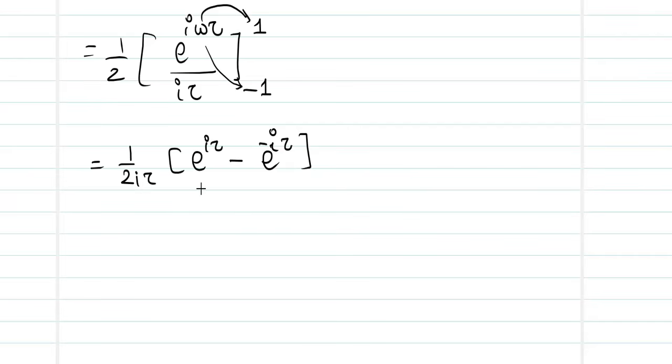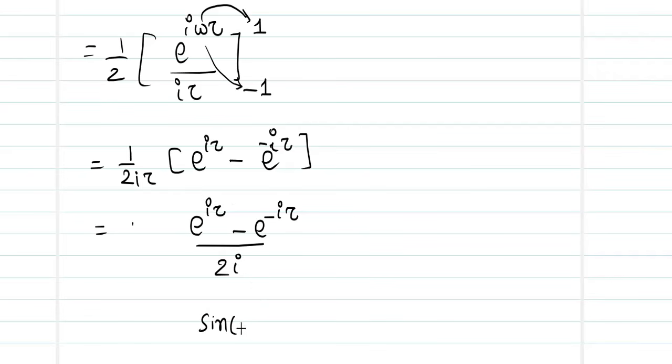You can stop here, but we have already seen in our hint that it is best to express them in terms of trigonometric functions. What will be the trigonometric equivalent? You know that e power i theta minus e power minus i theta divided by 2i is nothing but sin theta.